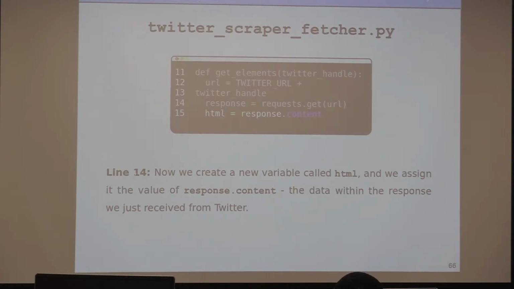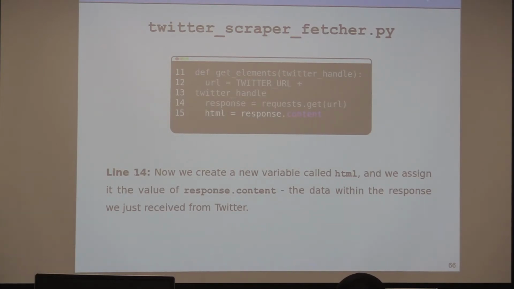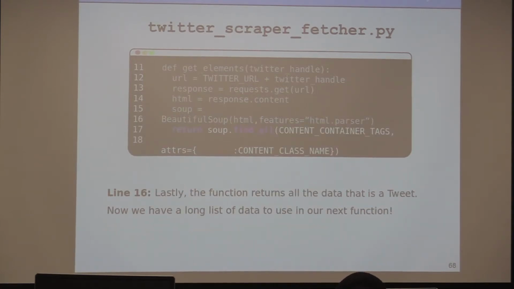So we're actually going to set this variable called HTML. Notice we don't define what type it is. We just say this is a variable and we're going to set stuff to it. Okay, this is what the whole function is going to look like.